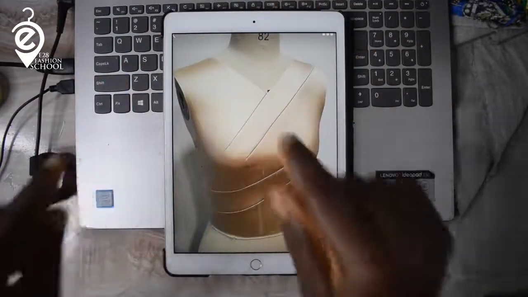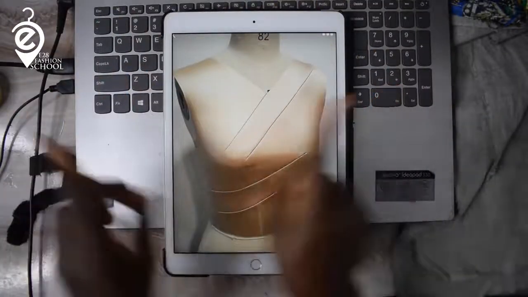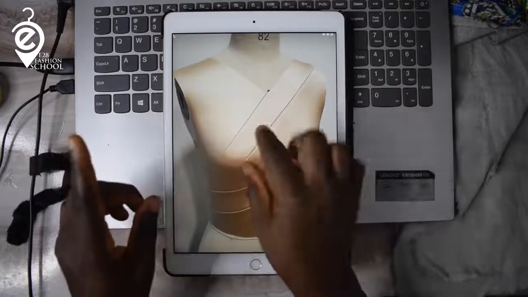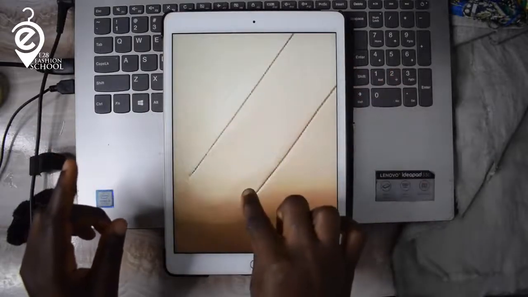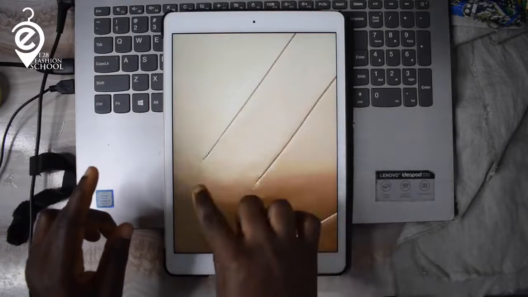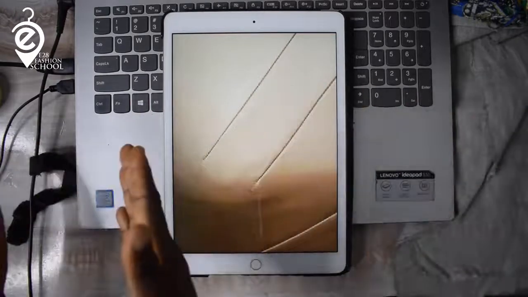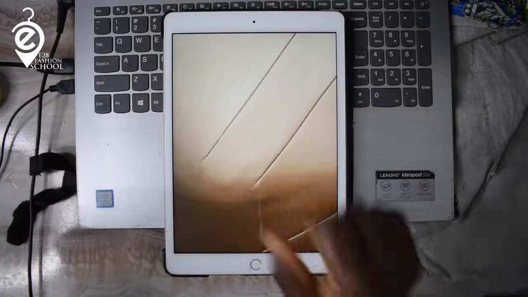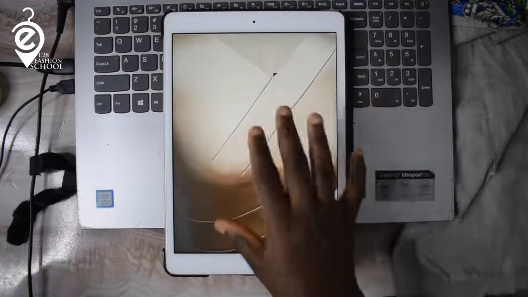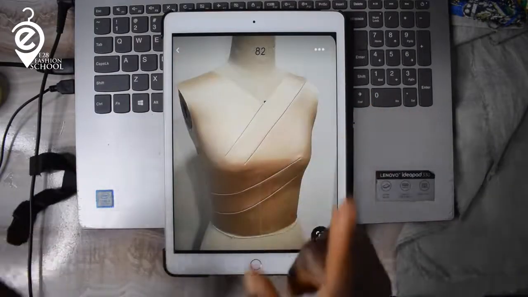But in the case of a parallel dart, that is not the case. You have one pointing to the nipple point, and the other going away from the nipple point. So I'm going to show you how to make this.